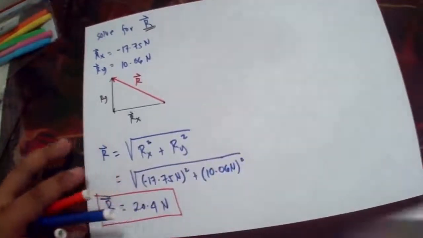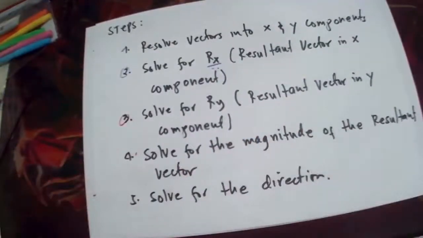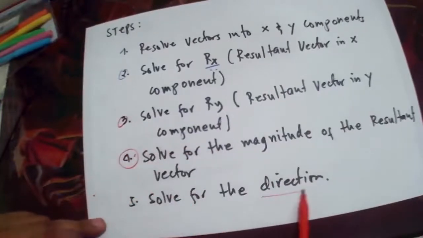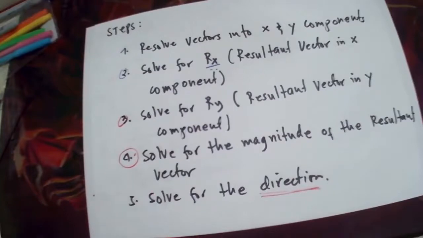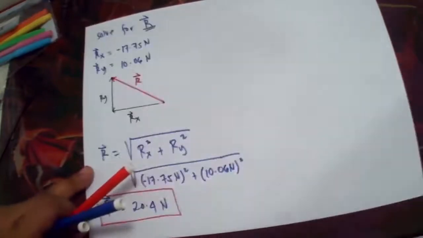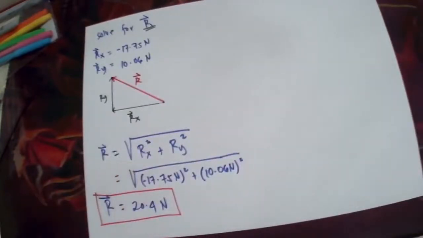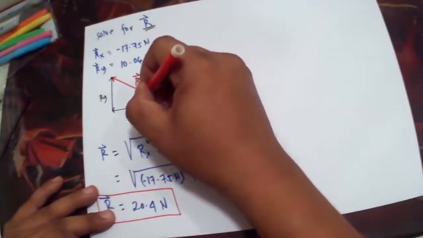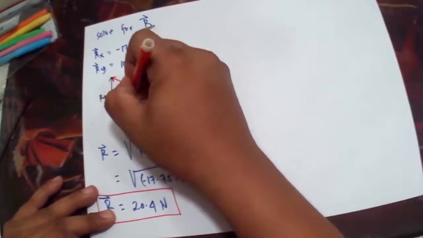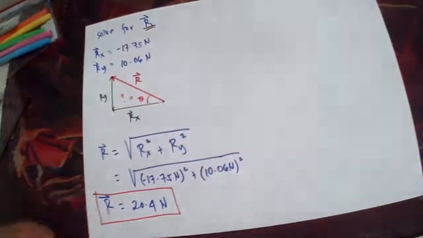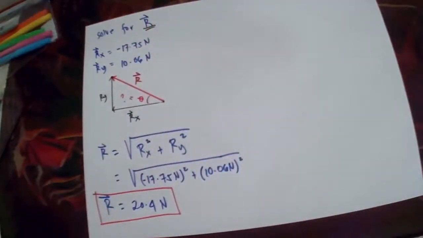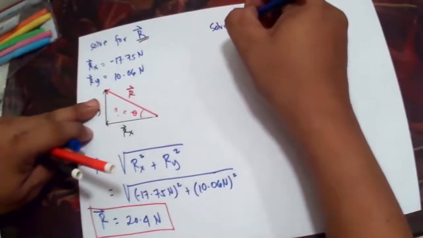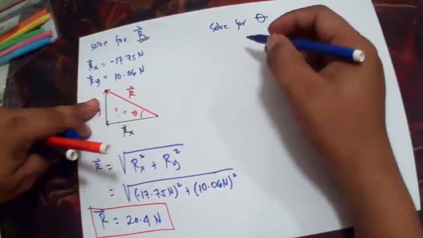If we go back to our steps here, we already did these steps. So we are now at the direction, and we're going to solve for it. Where is the direction here? The direction is located here, still a question mark. So we are going to solve for direction.